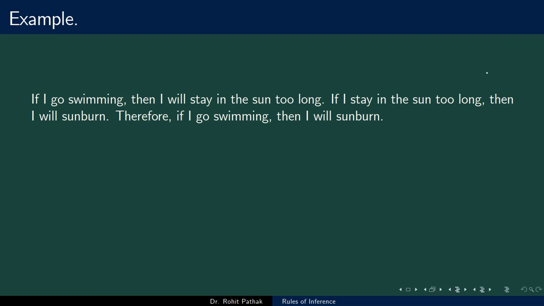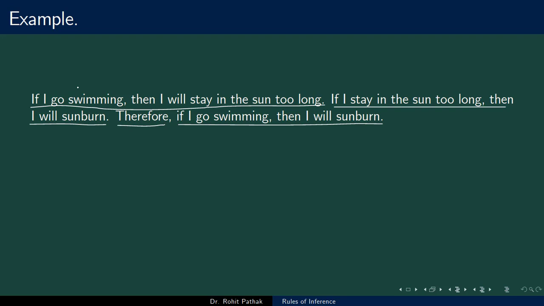So, we have many compound propositions. This is the first, this is another compound proposition. And the proposition after the word therefore, if I go swimming, then I will sunburn, is called the conclusion.